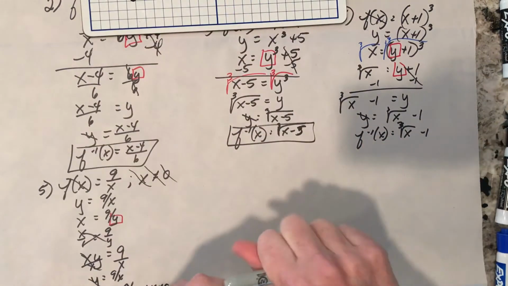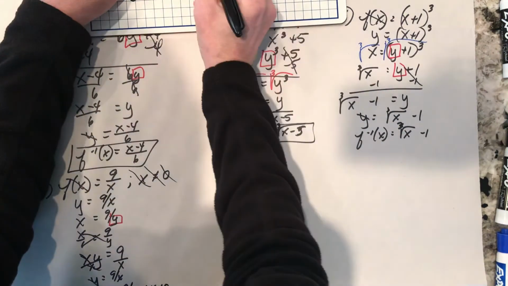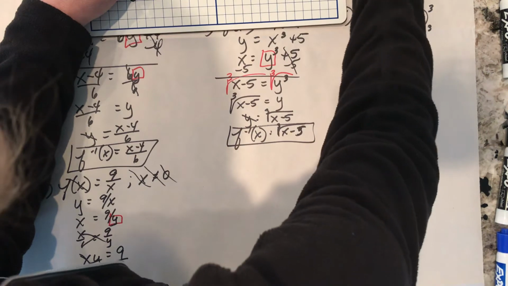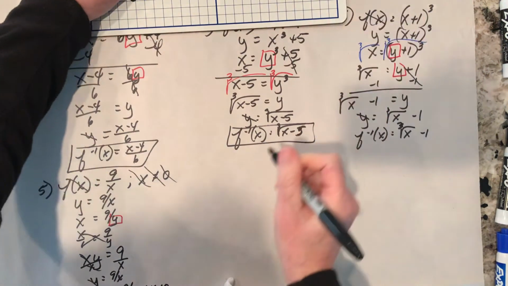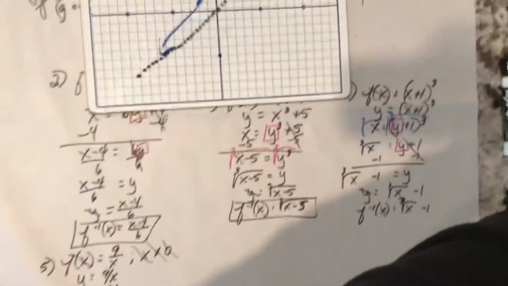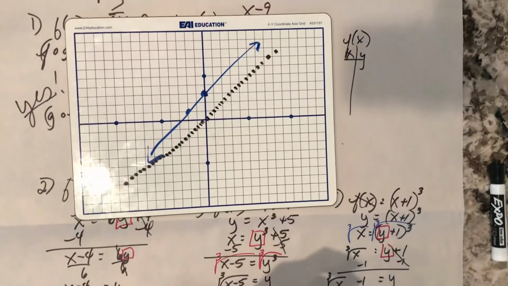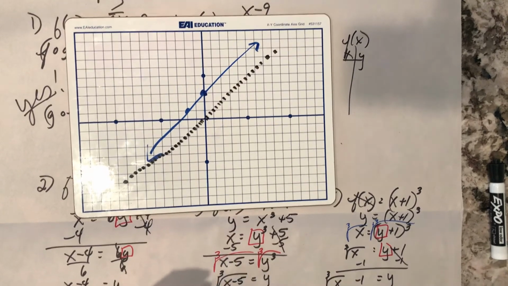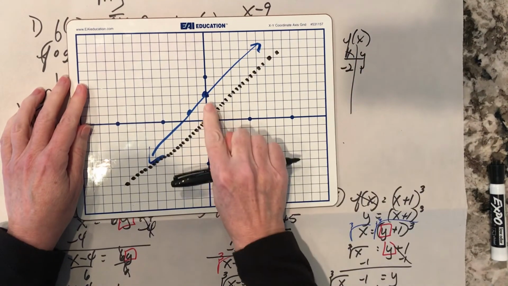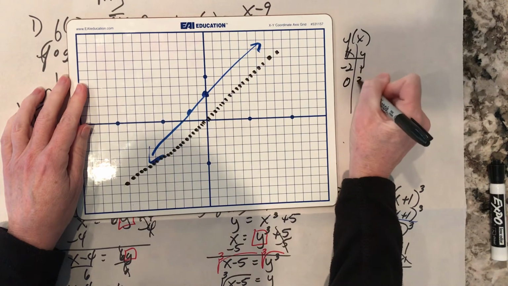So the points that I've got for my original graph, for f of x, I've got -2, +1. And this point is 0, 3.